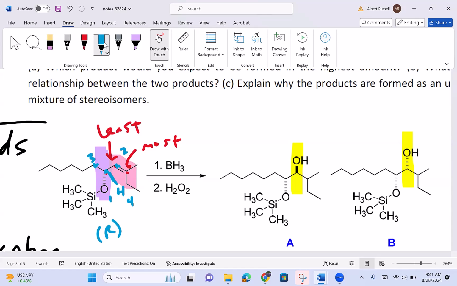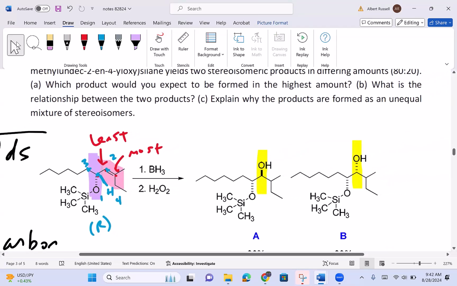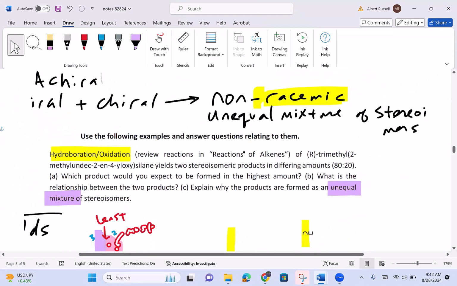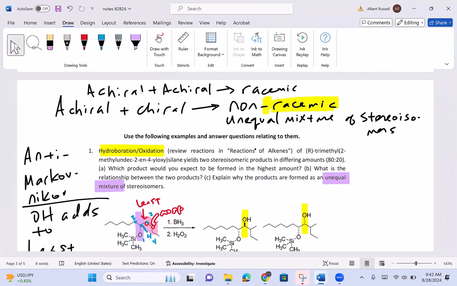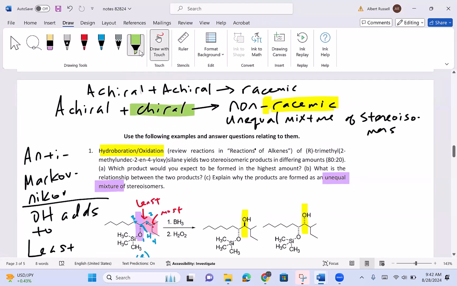Would you mind repeating that? Yeah. The question asks us to explain why the products are formed as an unequal mixture of stereoisomers. And we said up here, the way to generate an unequal mixture of stereoisomers is by taking something chiral plus something achiral.